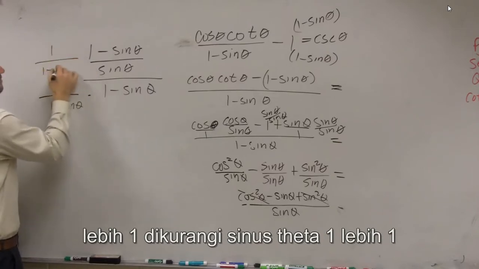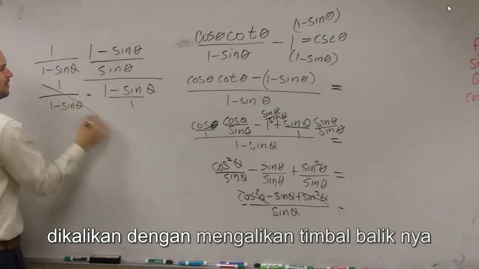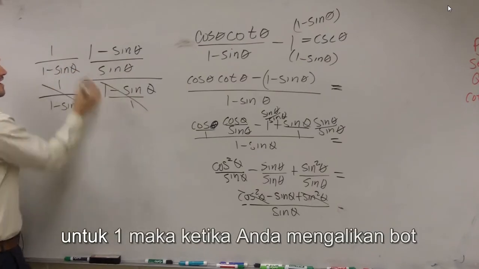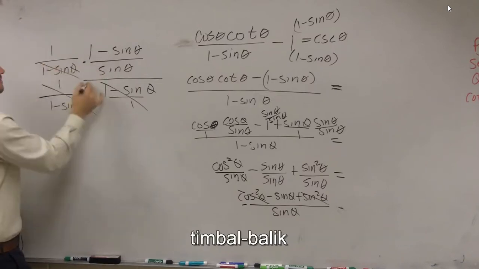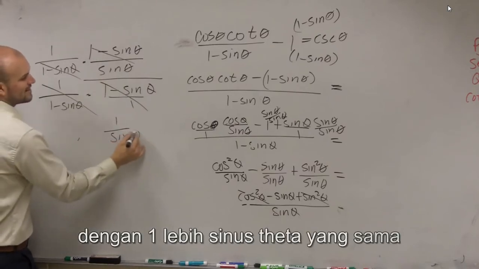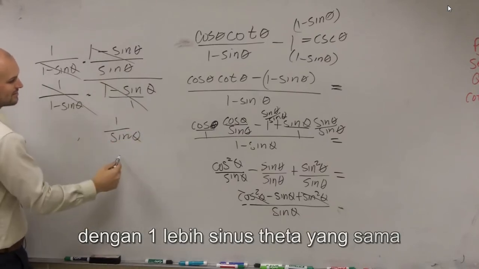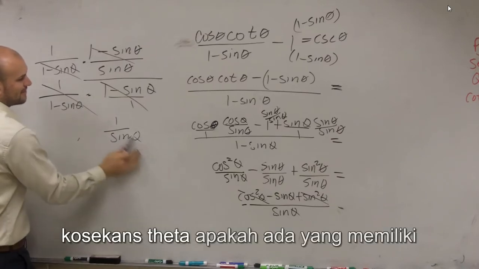Any term multiplied by its reciprocal multiplies out to 1. Then, when you multiply the numerator by the reciprocal, those multiply out to 1, and you're left with 1 over sine of theta, which equals cosecant of theta.